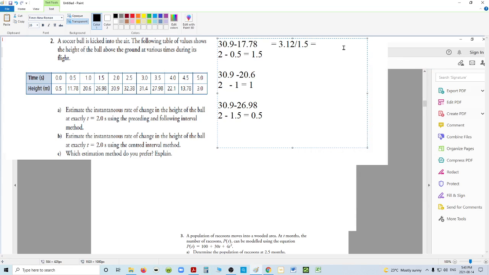So it looks like we're approaching 2 as a guess. This one here, 30.9 minus 20.6 is 3.3 divided by 1. Oh, that one's way off. So I'm going to make sure I got this one right. 30.9 minus 27.78 is indeed 3.12, but make sure I got the right numbers right.